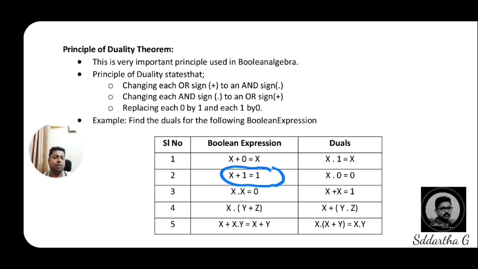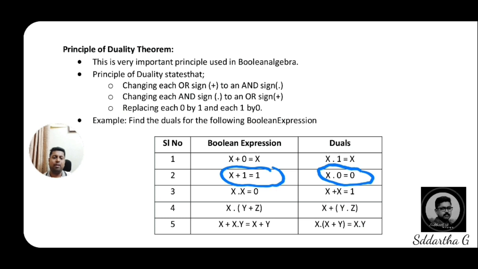In this Boolean expression, plus is converting into dot, 1 is converting into 0. If you observe the right side expression, in dual form x into 0 is 0. Very simple expression.